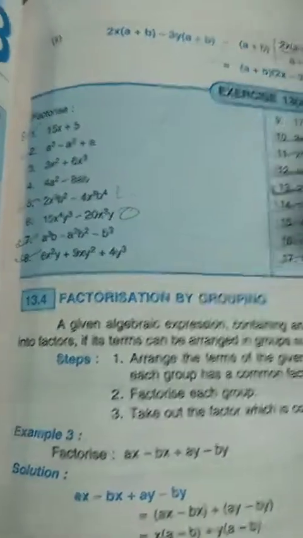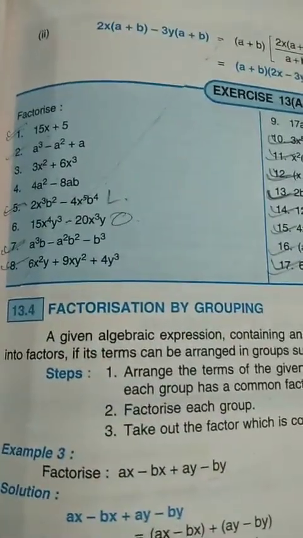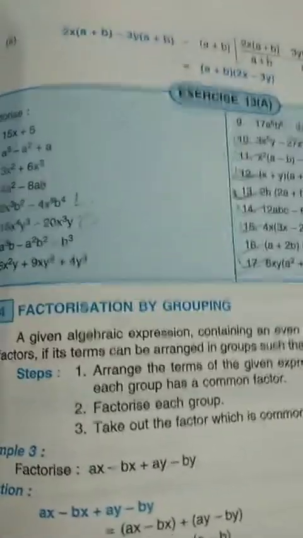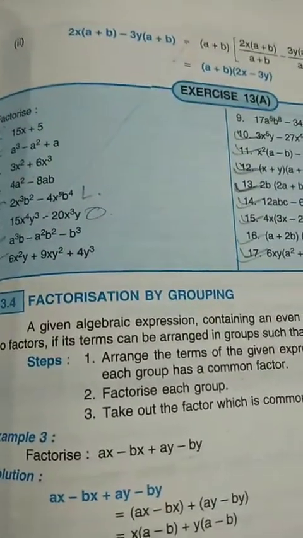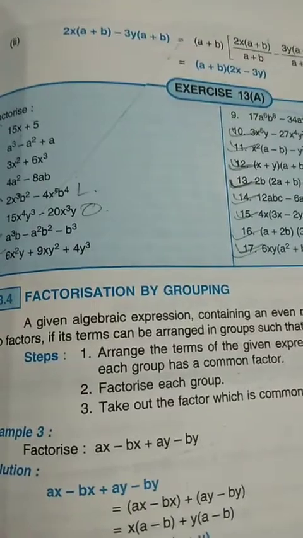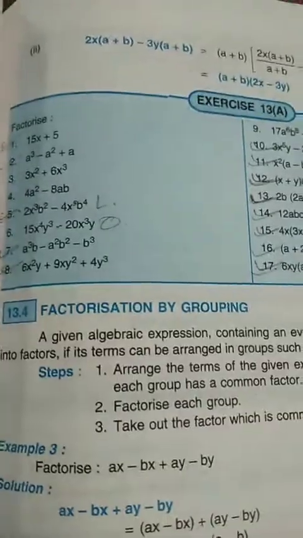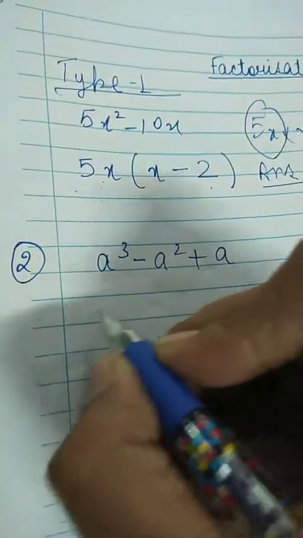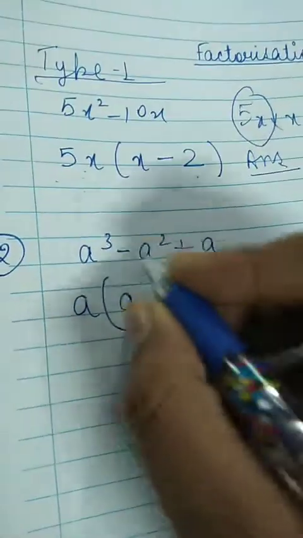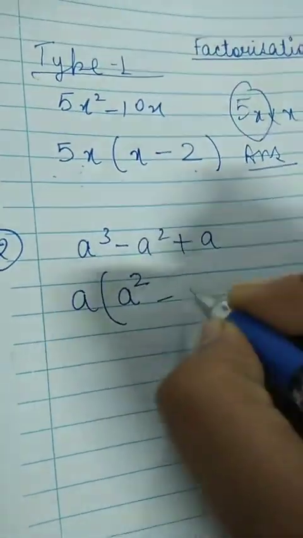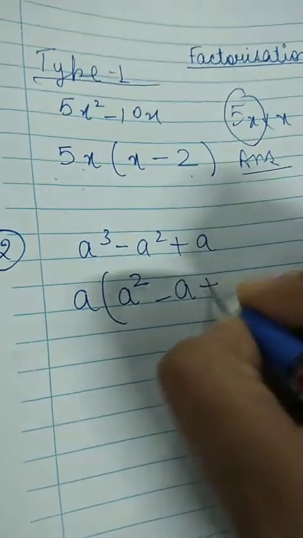The next one, we can see some more examples. In question number 2 we have a cube minus a square plus a. Here a is common throughout, so we will take a common and we get a square minus a plus 1.